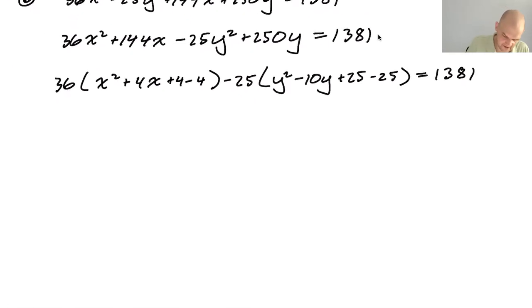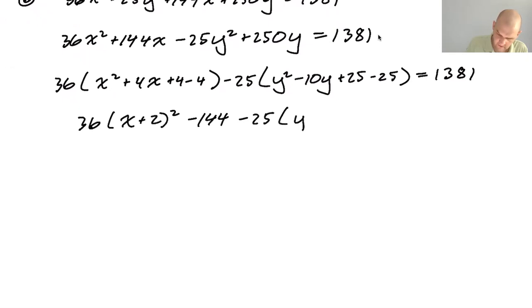Okay, so this is going to be 36, and then it should be x plus 2 squared minus 144, minus 25 times y minus 5 squared. And now the thing you have to be really careful about is negative 25 times negative 25 is actually plus 625.